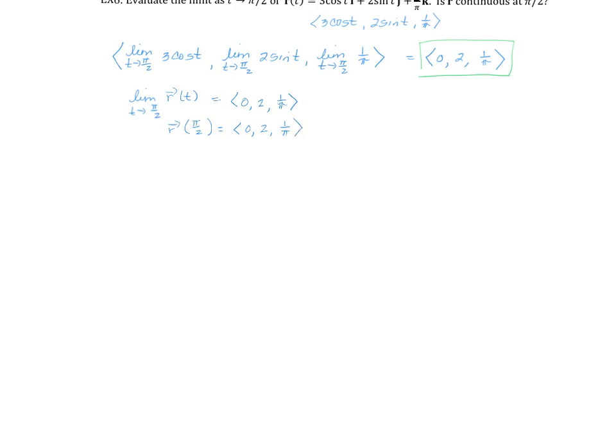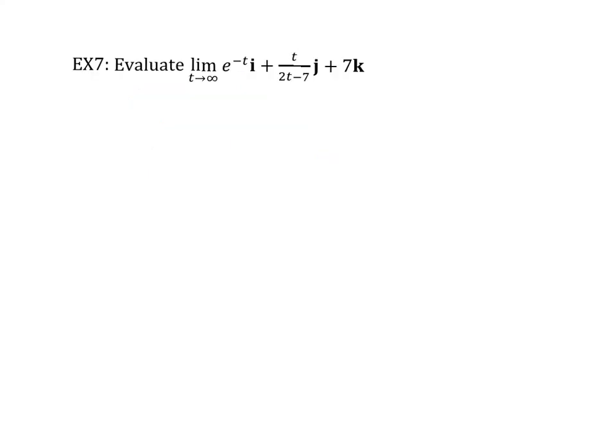So since these are equal, that means that r of t is continuous at pi over 2. So that's all you have to do for continuity: just check to see if the limit is equal to the value of the function. And again, that's exactly what we did in Calculus 1.